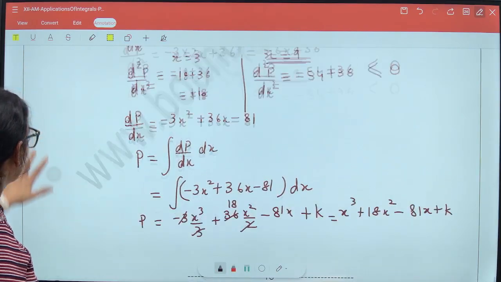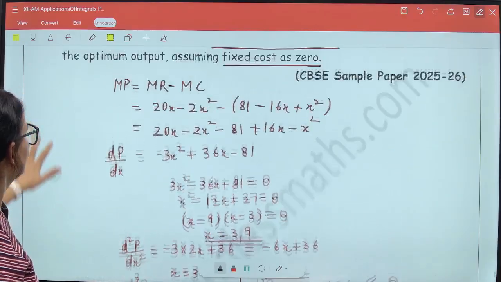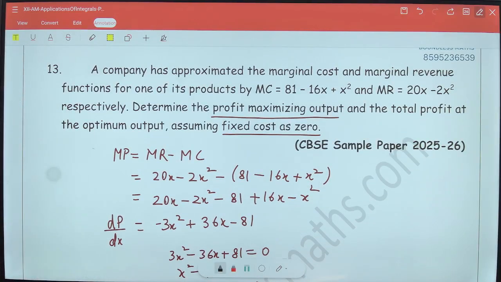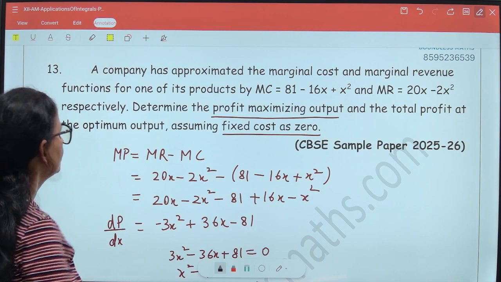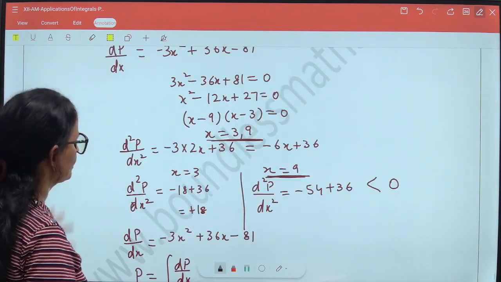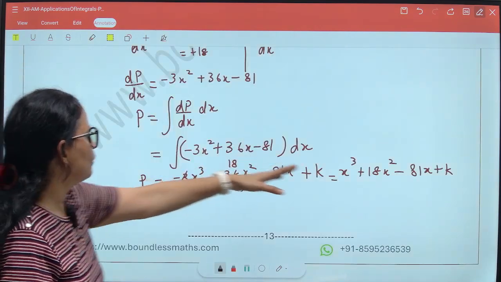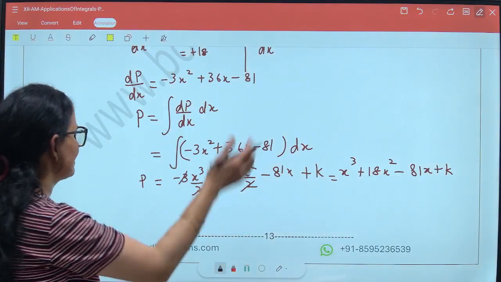What all was asked in the question? Let's have a look at the question again. Determine the profit maximizing output. We got that as 9. And the total profit at the optimum output. So that means when you put x as 9, assuming fixed cost is 0. So there is no fixed cost. So we just need to evaluate this polynomial now by putting x as 9.